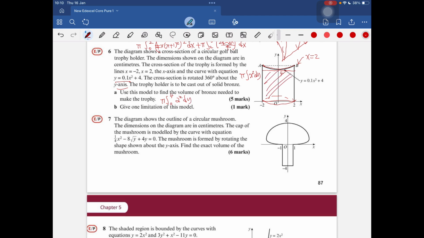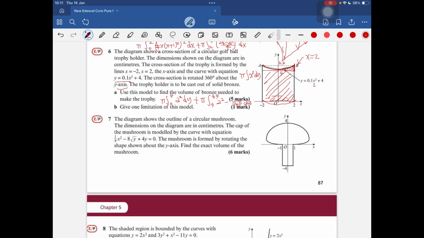This is the rotation of this part. Plus this one, which is actually between two curves. So pi integral 4 to 4.4, since when x equals 2, y is 4.4. The larger radius is 2, so 2 squared minus the smaller radius squared, which is (y minus 4) over 0.1. This is x squared, so we don't need to do anything else.